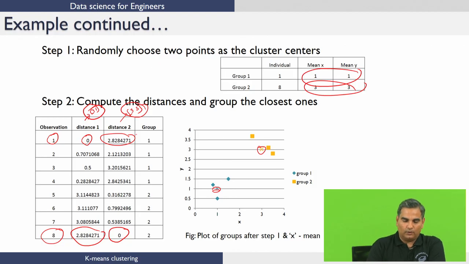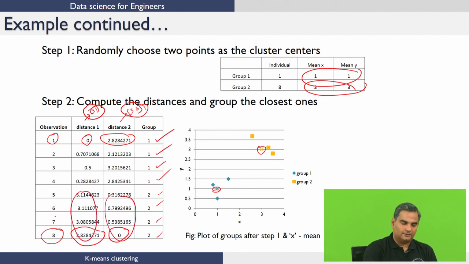So, here distance 1 is less than distance 2. So, this is assigned to group 1, this observation, which is basically the point 1 1. The second observation, again if you look at it, distance 1 is less than distance 2. So, the second observation is also assigned to group 1, and you will notice through this process the third and fourth will be assigned to group 1 and 5, 6, 7, 8 will be assigned to group 2, because these distances are less than these distances.